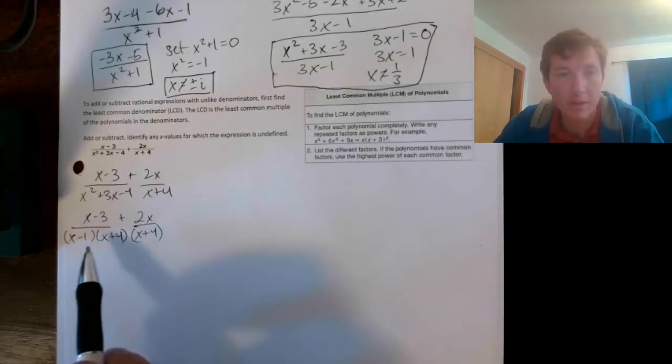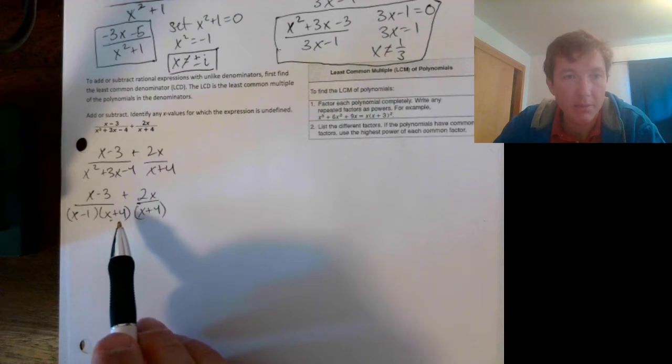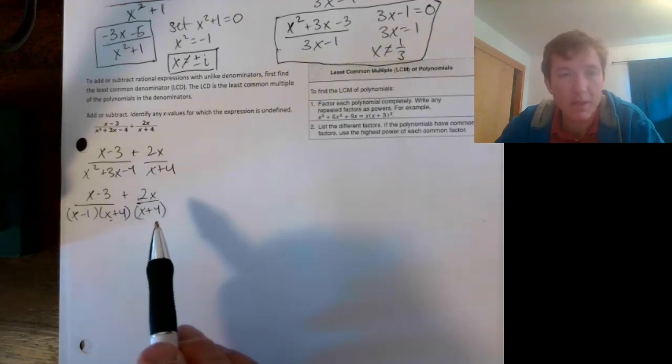Okay, so if you notice on the left side we have factors of x minus 1 and x plus 4. And then on the right side we only have factors of x plus 4.